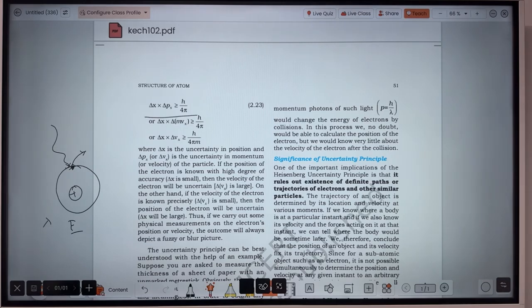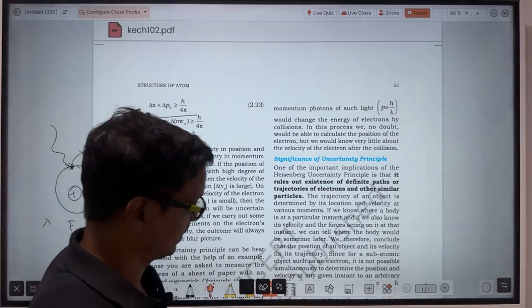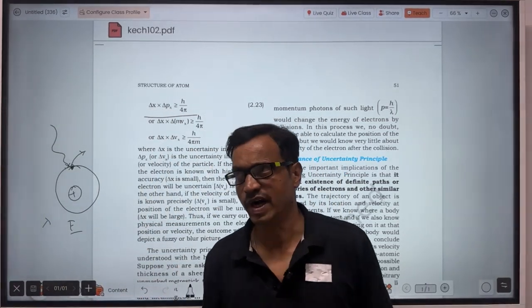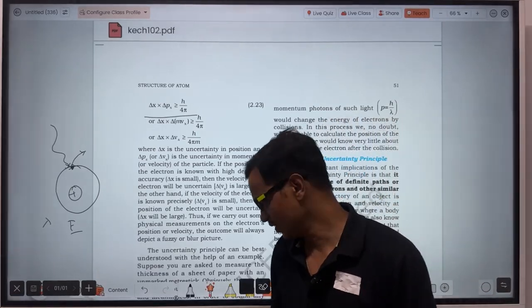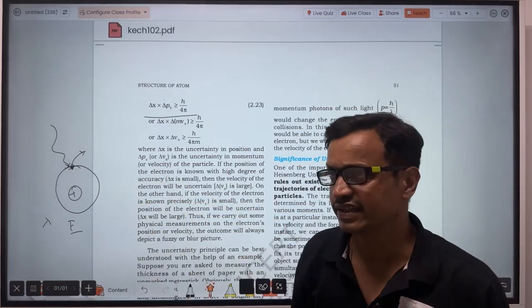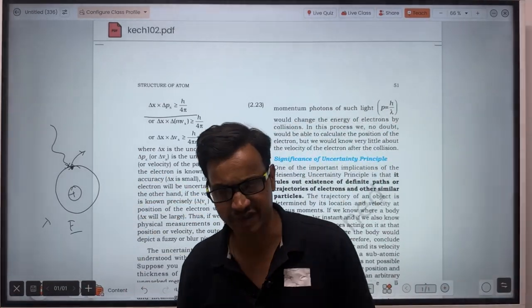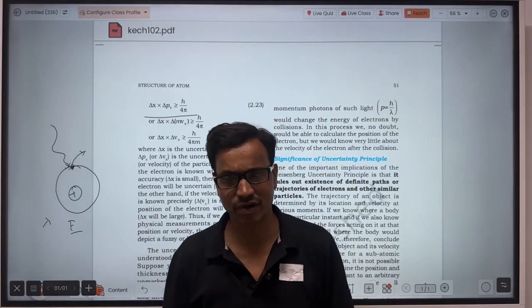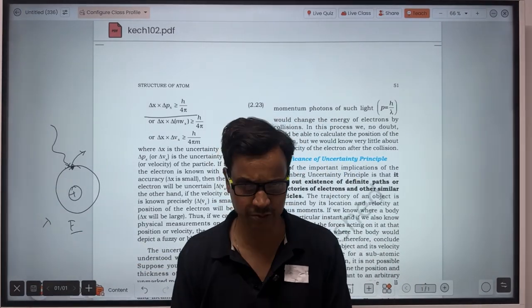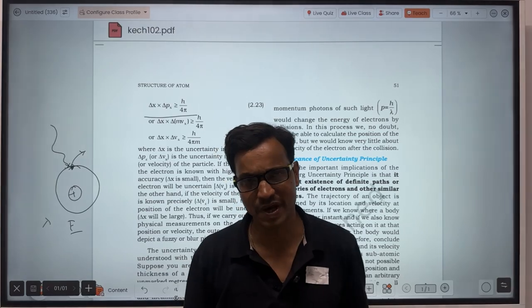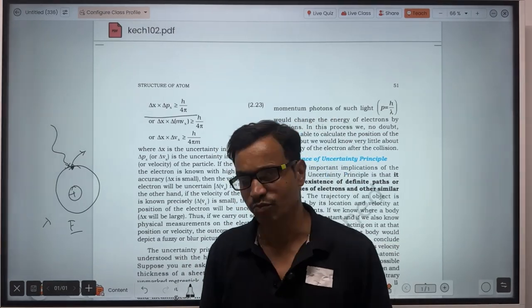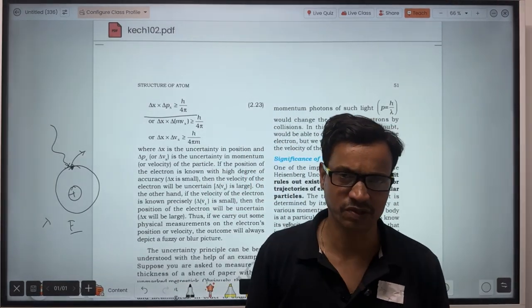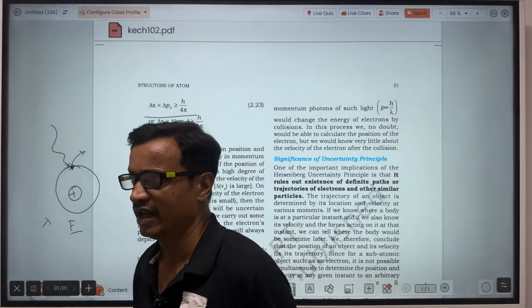So the kinetic energy of the electron will increase, and its velocity will increase. So when you have calculated the position of the electron accurately, you have calculated the momentum or velocity of the electron inaccurately.